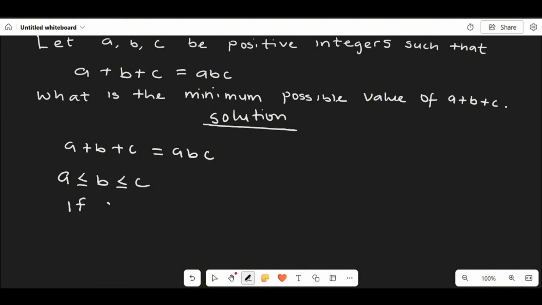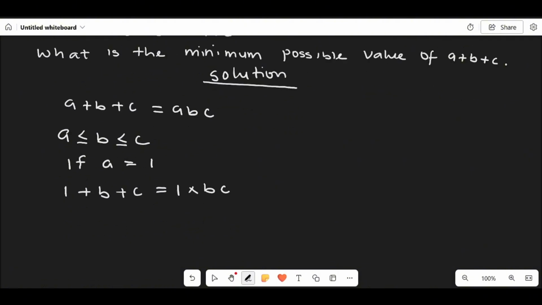If a equal to 1, let us substitute a into this equation. We are going to have 1 plus b plus c equal to 1 multiplied by bc. So our equation will be 1 plus b plus c equal to bc.